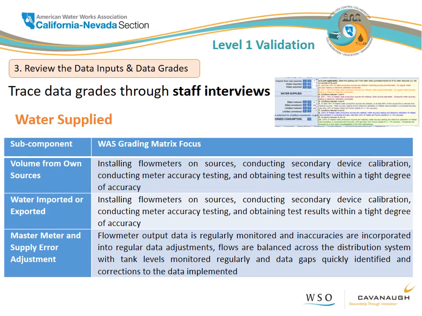When you are tracing the data grades for each of the data inputs in the reporting worksheet, as you're going through here in step 3 for the level 1 validation, the general approach you want to take is to familiarize yourself with the themes in the grading matrix that exist. And here we see an example of water supplied. You can look at some of those themes.